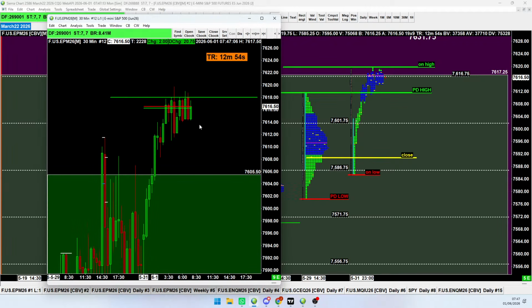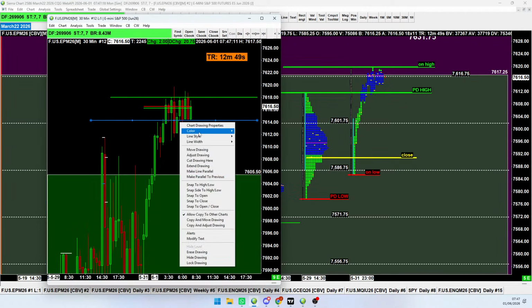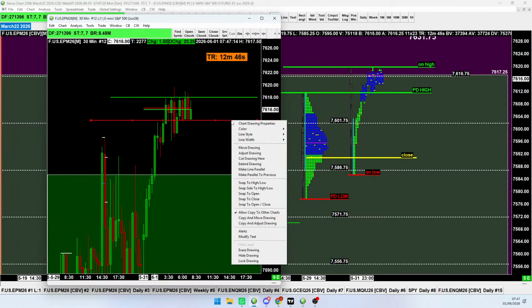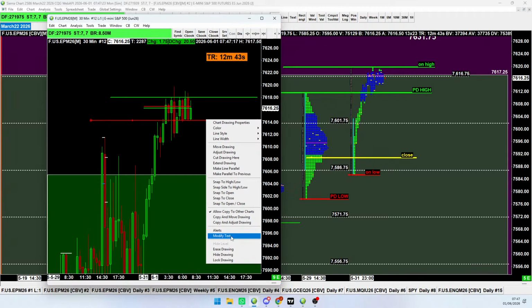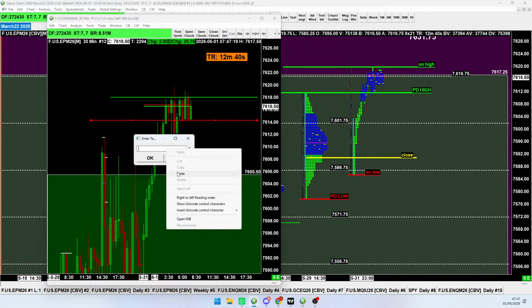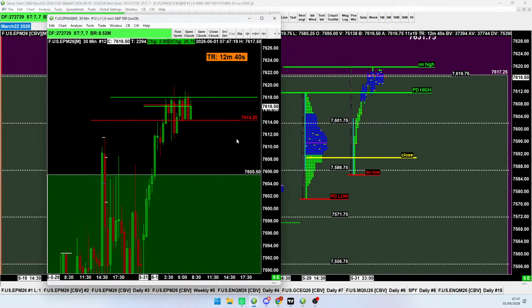If you're waiting for a short, what do you do? You wait till the market accepts under 14 and a quarter. Where's your next bid?